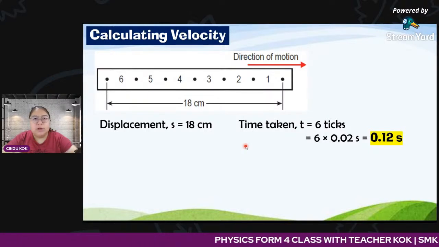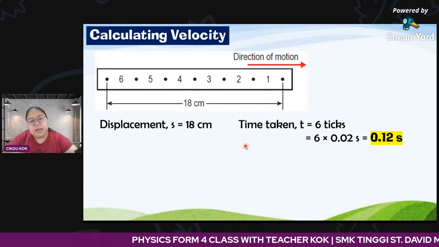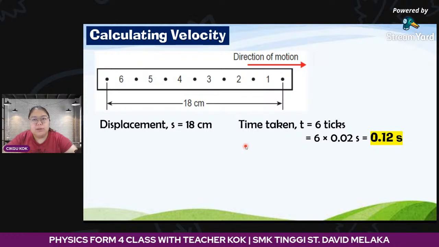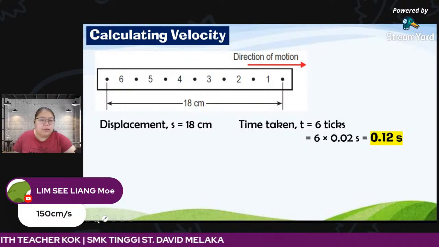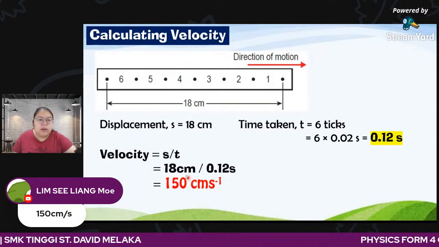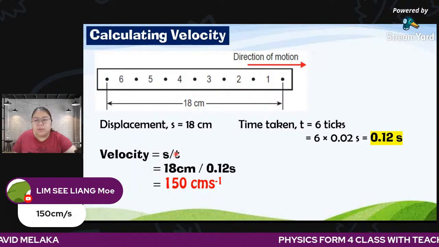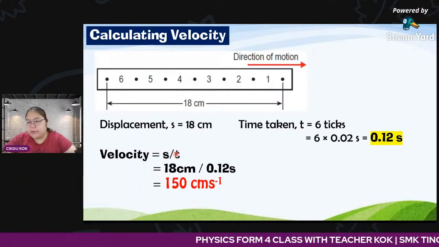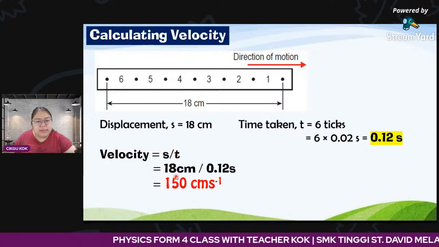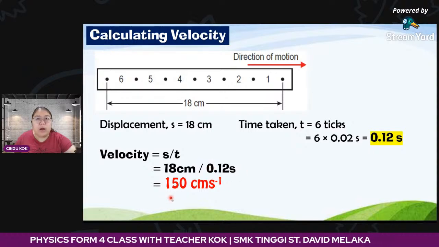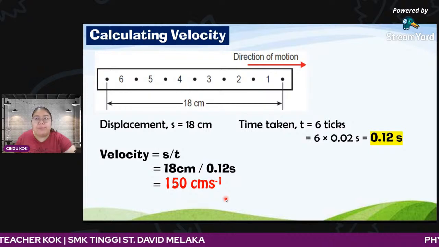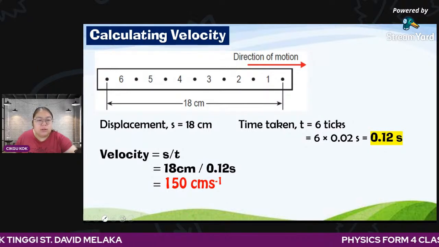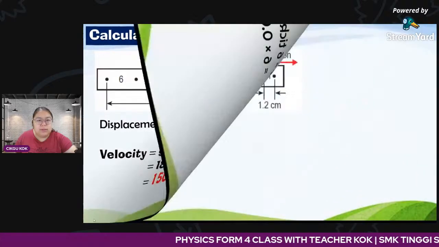Okay, 150 cm per second. So, S over T, displacement over time. 18 cm over 0.12 seconds. So, 150 cm per second. Remember, this one is cm, so we are using cm. Correct. Then we go to the next.